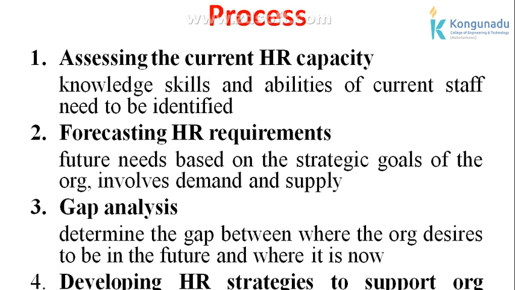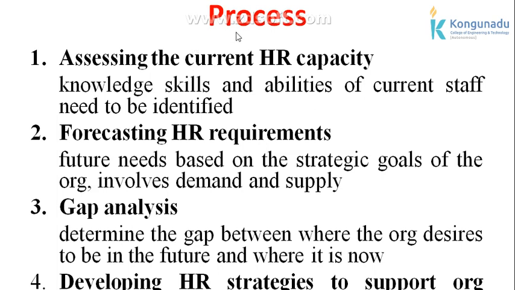Next one is the human resource planning process. The HR planning process assesses the manpower required to perform organizational activities for a future period of time. HR planning is a continuous process which starts with the identification of HR objectives. Some major steps are involved in human resource planning.